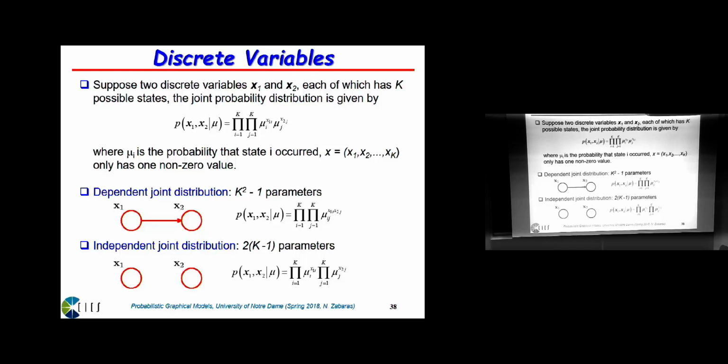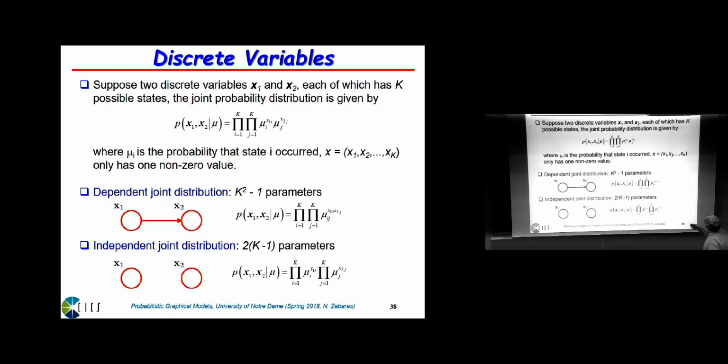So let's say I have 2 discrete variables, x1 and x2, and they follow a multinoulli distribution, so each of them can take K different values, each with probability mu i, where the sum of all the mu i is equal to 1. You can think of this as a generalization of a binary variable, which can take a value 0 or 1.